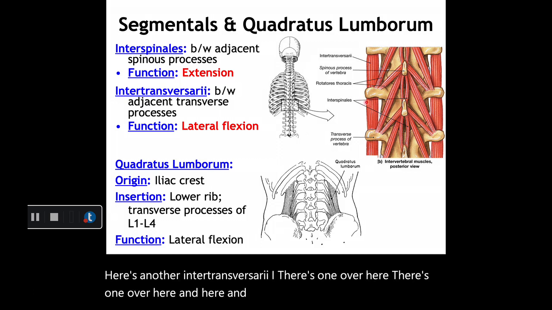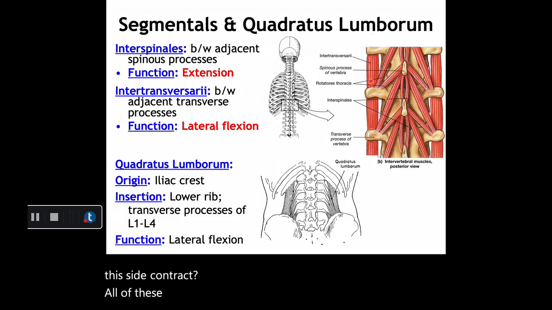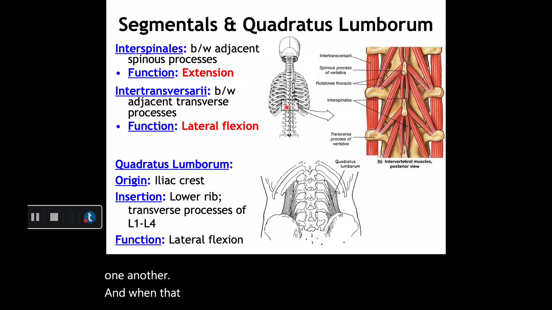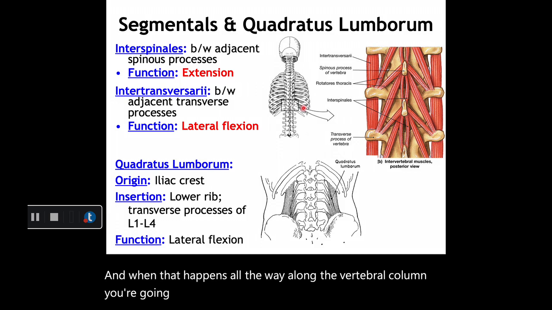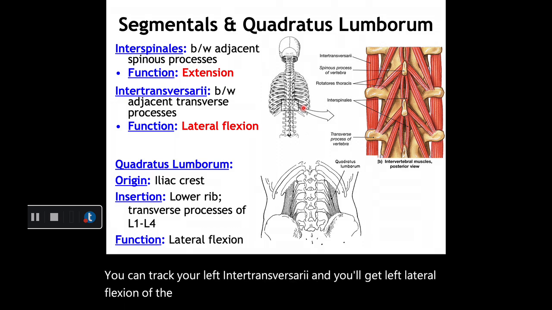All right, so when all of these on this side contract, all of these transverse processes are going to get pulled closer to one another. And when that happens all the way along the vertebral column, you're going to lean in that direction, which is called lateral flexion. You contract your left intertransversarii, you'll get left lateral flexion of the trunk. Contract the right intertransversarii, right lateral flexion of the trunk.